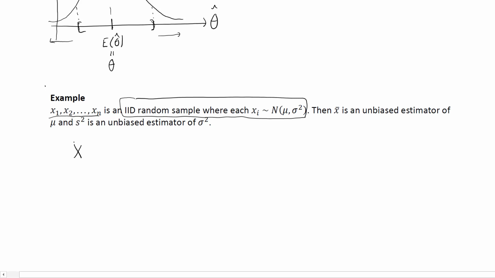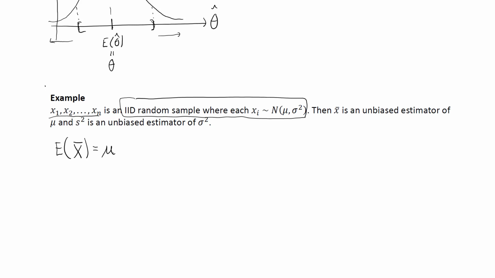So for example, the sample average will be an unbiased estimator of mu. We know that the sample average has this property that its expected value is equal to mu whenever I have a random sample. Given that the assumptions in our statistical model are satisfied, the sample mean will be unbiased.